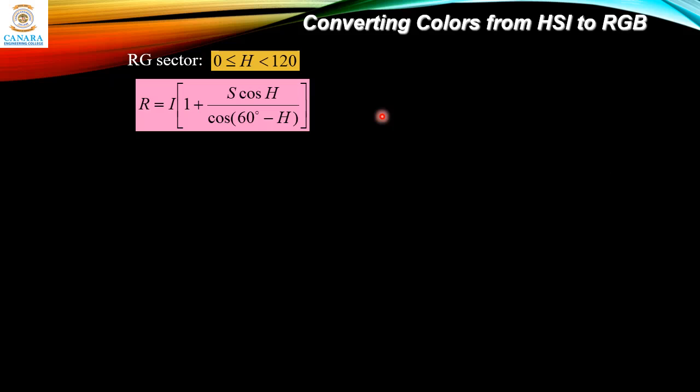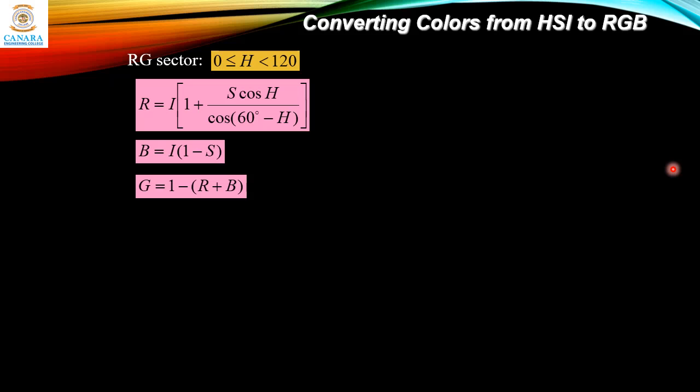Then R is given as I into 1 plus S into cos H divided by cos of 60 degrees minus H. B is equal to I into 1 minus S, and G is equal to 1 minus (R plus B). So this gives the RGB representation for the RG sector.